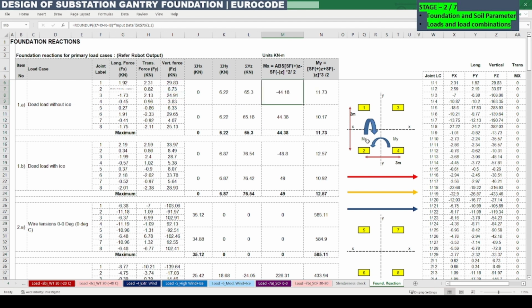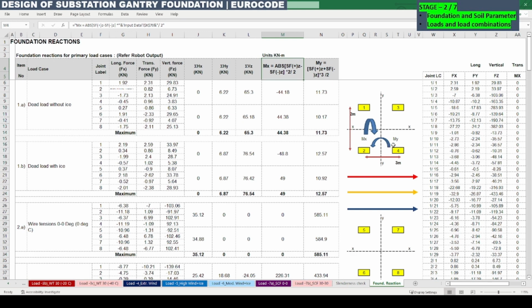Here you can see that Mx means it is rotating in this direction. So the lever arm required is 2 meter. We are considering here the 2 meter, which is the width parallel to the y-axis. So 2 divided by 2, half of the distance, is the lever arm.